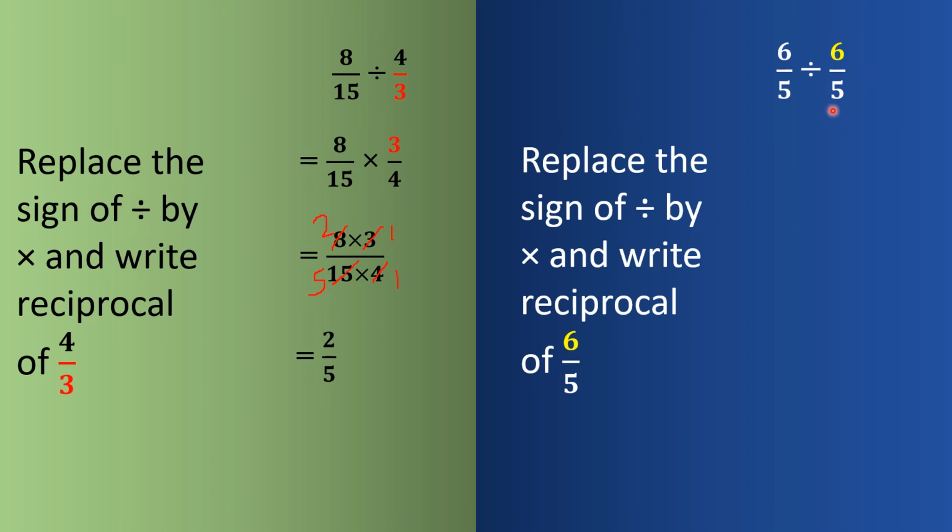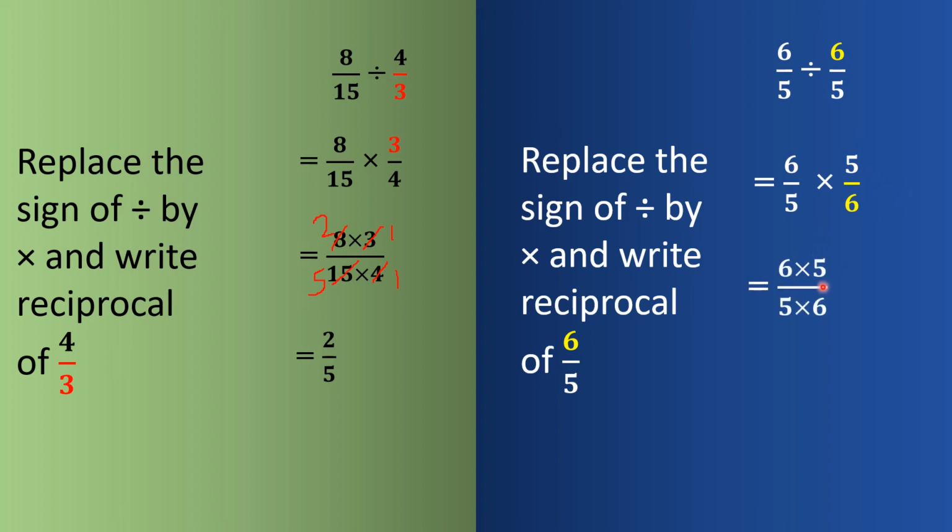So our new form of this question is like this: 6 by 5. Instead of division, we will write the sign of multiplication and the reciprocal of this 6 by 5 is 5 by 6. So it is our question and we will solve this.